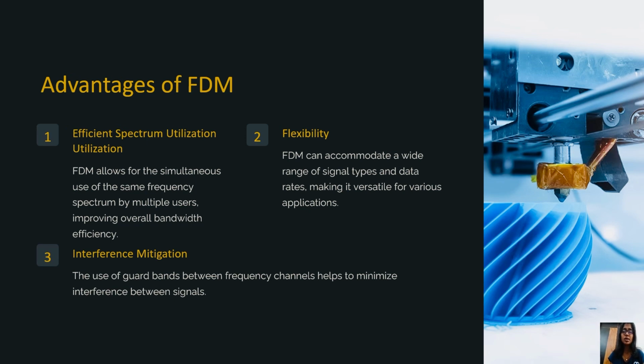The guard bands between the frequency channels help to minimize the interference between signals, and FDM allows different types of users to share the spectrum, which improves the bandwidth.